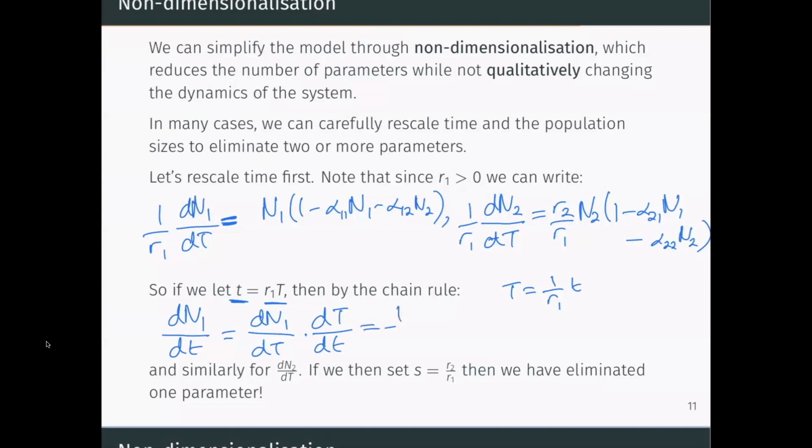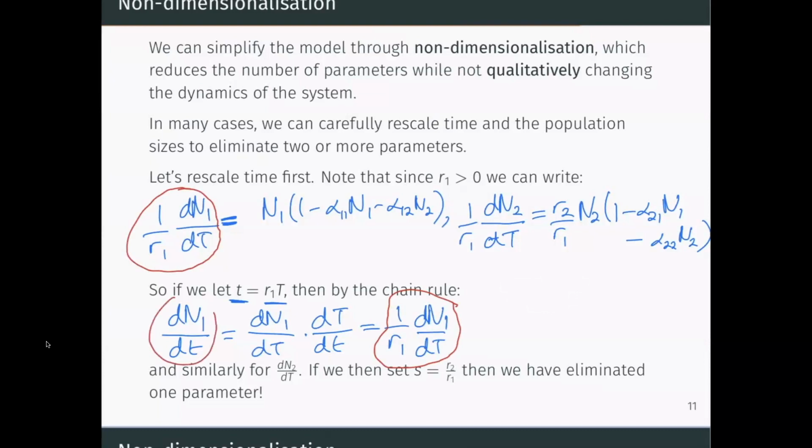So that means we can write this as 1 over r1 dn1 d big T. Hopefully you've noticed that what I've got on this right-hand side is the same as what I've got on this left-hand side. So we can replace what I've circled above with dn1 d little t. And I've eliminated r1 from my first equation just by changing the time scale.